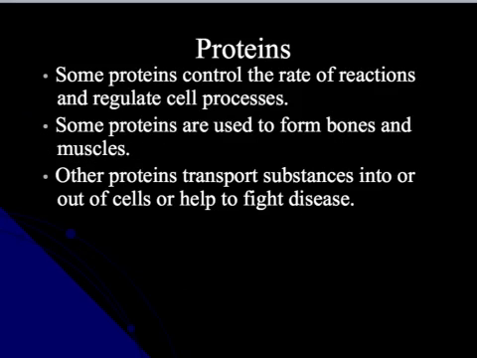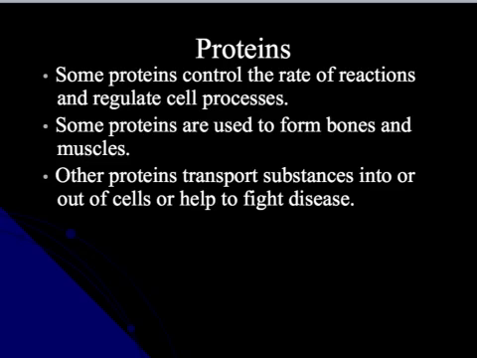Here are some other basic functions of proteins. Some proteins control the rate of reactions for cellular processes. Protein is probably the most abundant type of macromolecule in the human body, and it does a lot of different things. Proteins are things like enzymes and hormones. Hormones, for example, like testosterone, control male growth and male sex drive, while estrogen can control a woman's birth cycle.